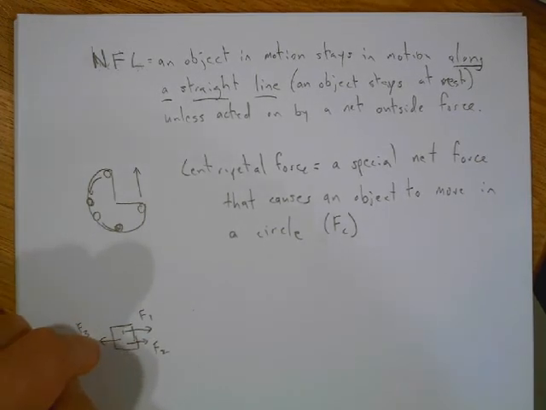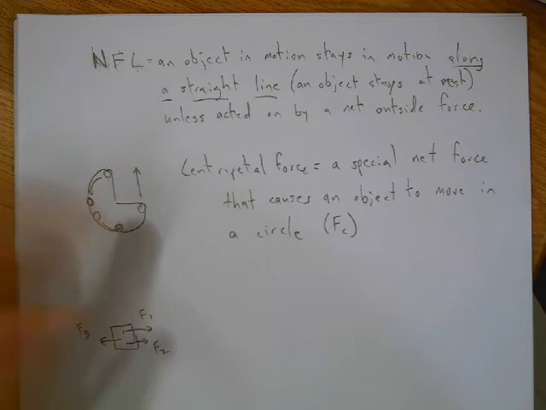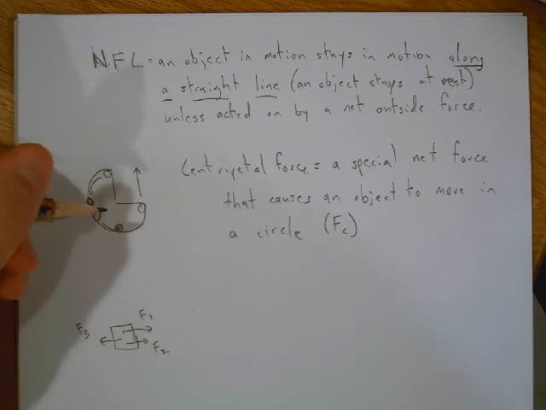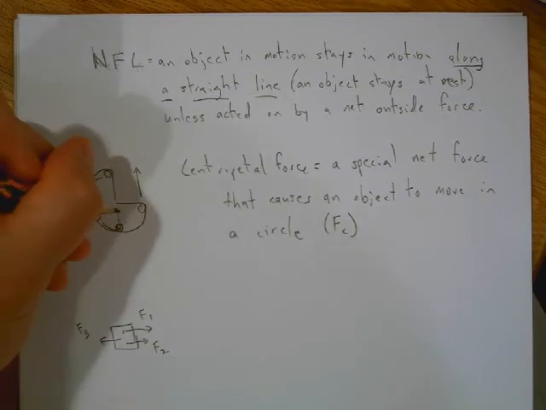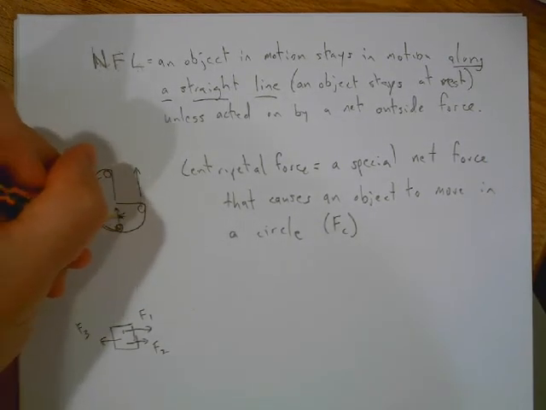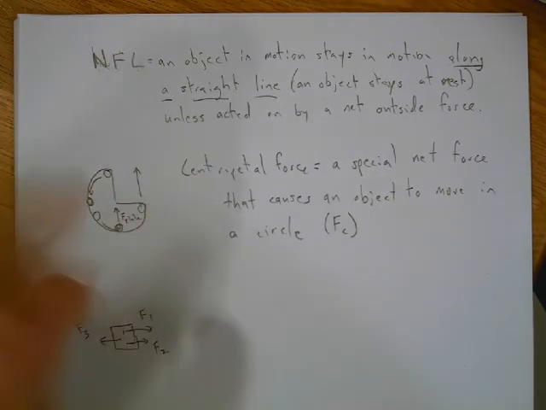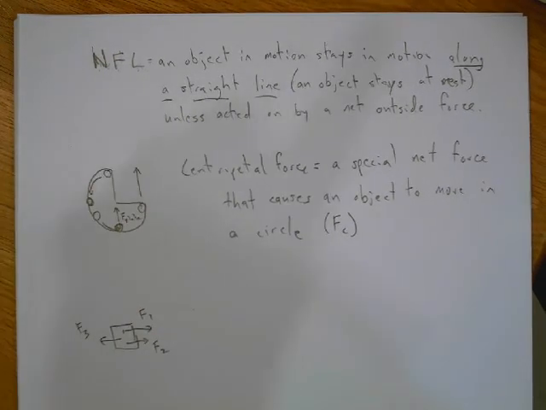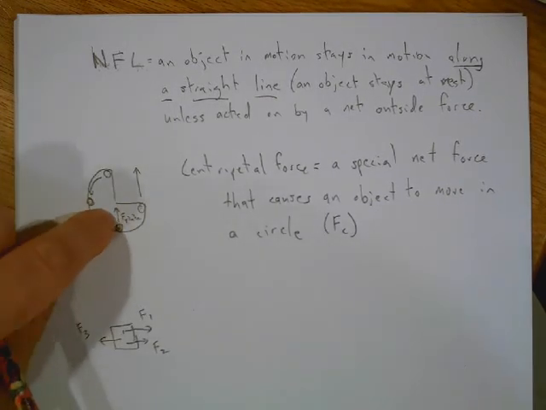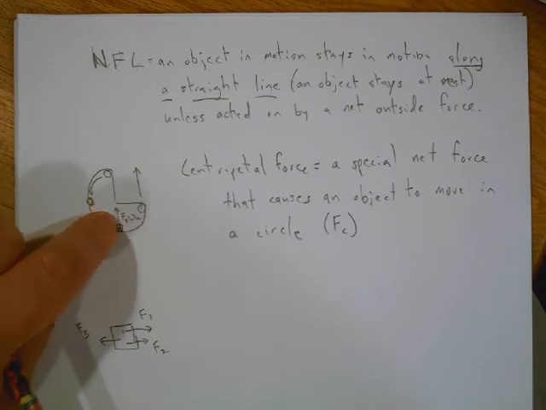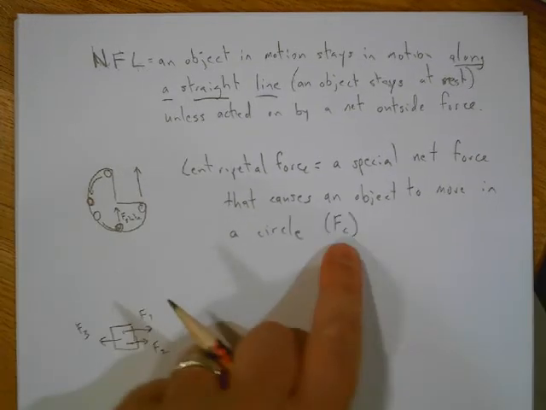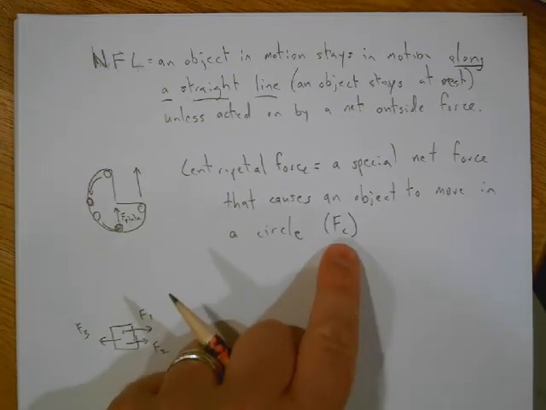Well, in this case, this is a top view of the paper plate, so you would have the force from the plate going this way, and the force of gravity going into the page, and the normal force coming off the page. So I'm not going to draw those. But that's my net force, the force of the plate. It just so happens that net force, the force of the plate, is also my centripetal force.